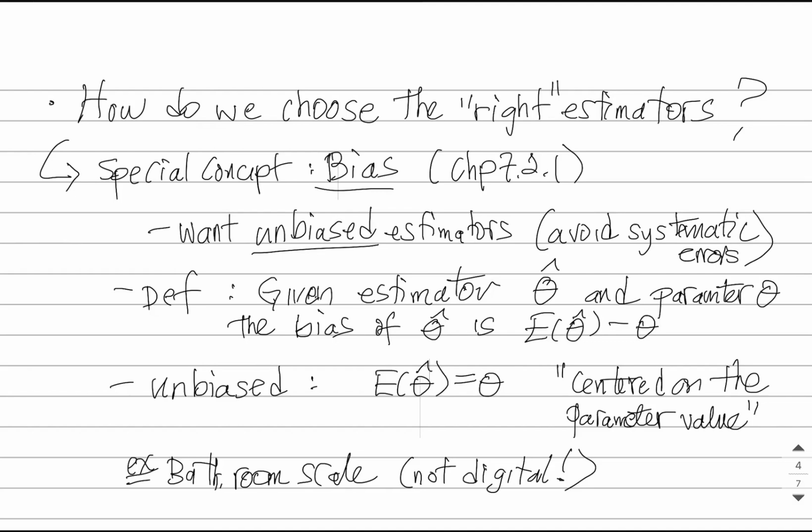So we are going to define mathematically the bias of an estimator as the difference between the expected value of the estimator and the thing it's trying to estimate, the parameter. The best way to proceed is to hope that our estimators are unbiased, so that they are actually centered on the correct thing that we are estimating.